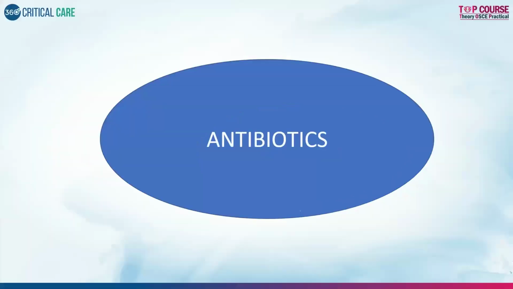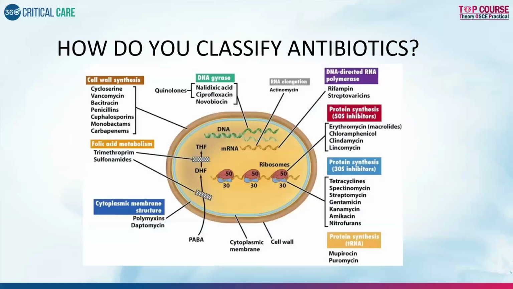Yeah, Darshan. So how do you guys classify antibiotics? You need to unmute and answer. According to the site of action, good: whether they're cell wall synthesis inhibitors, protein synthesis inhibitors, either 50S or 30S inhibitors, or DNA gyrase inhibitors.